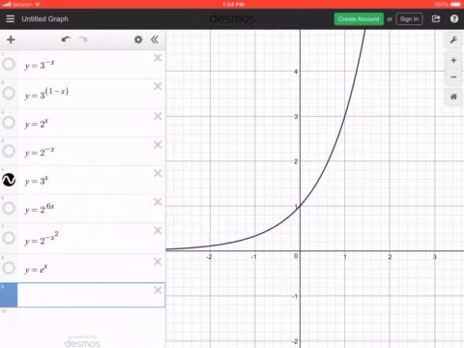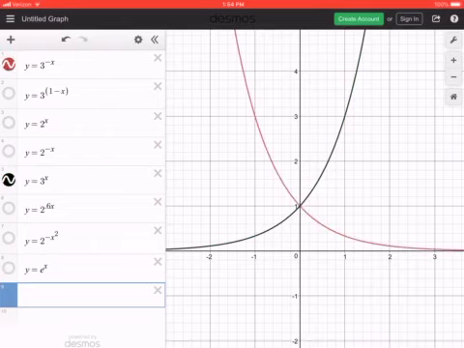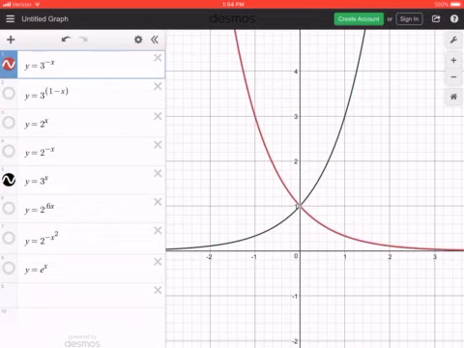And if I graph 3 to the power negative x, that will be the same graph in black, but reflected across the y-axis. And they both have the same y-intercept at (0, 1). So now I'm going to get rid of the 3 to the power x graph, the one in black.